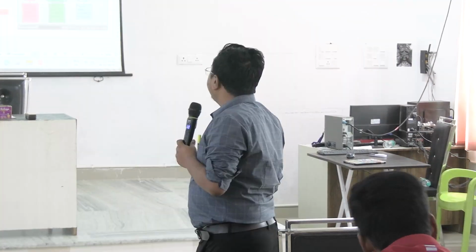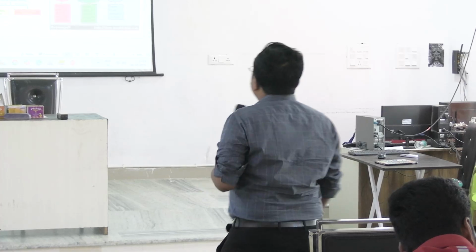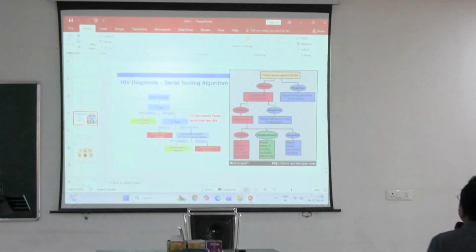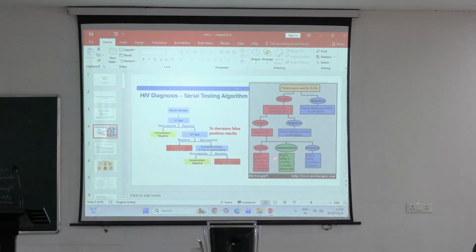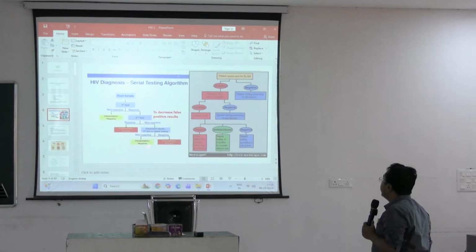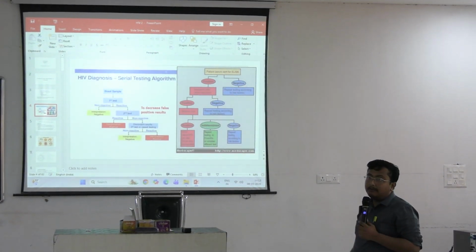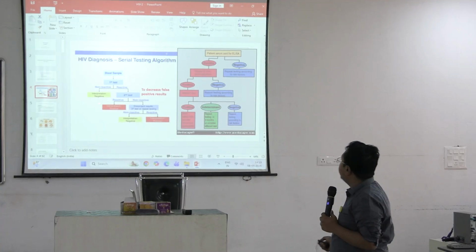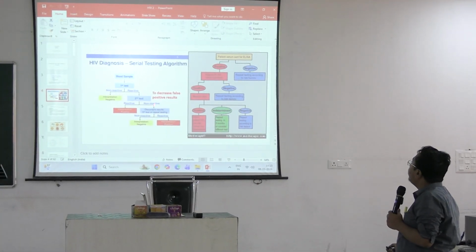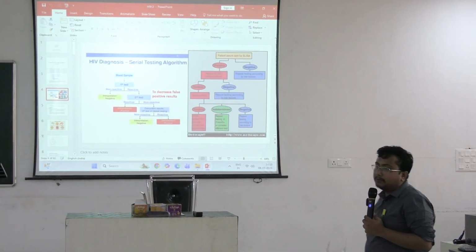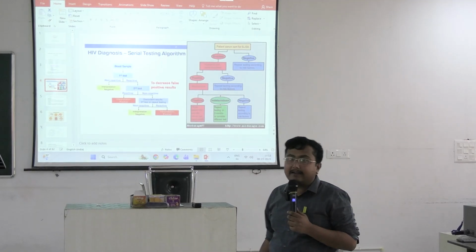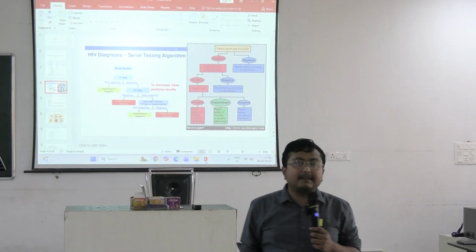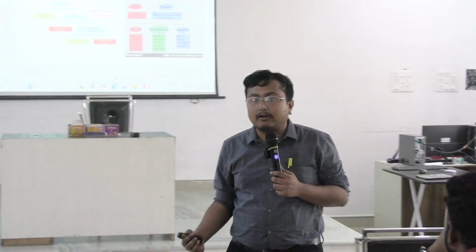If we are not doing it in parallel, it is sequential. Then it might come as reactive or non-reactive. Sorry, the red marker is not coming as good as I hoped. So this red one is positive, and if it comes as non-reactive, then we call it a discordant result. What the first test was suggesting, the second test is not.